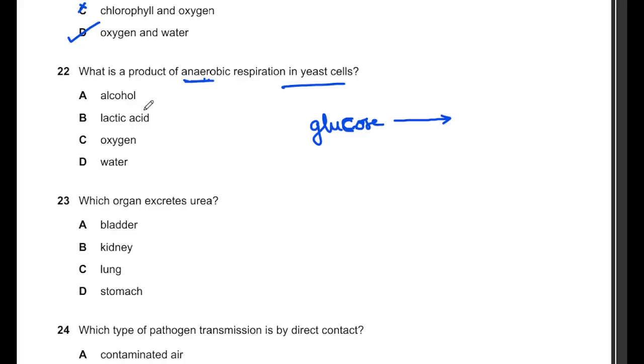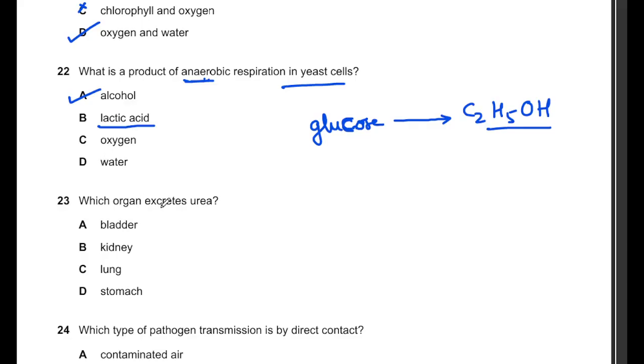Alcohol, C2H5OH, ethanol. Lactic acid is also anaerobic, but it is in the muscles. Oxygen and water are nowhere related to anaerobic here. Lactic acid is in muscles basically, so don't worry about that.